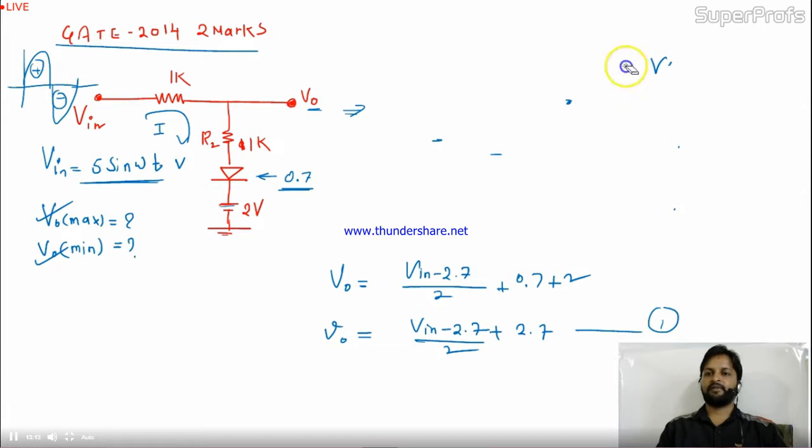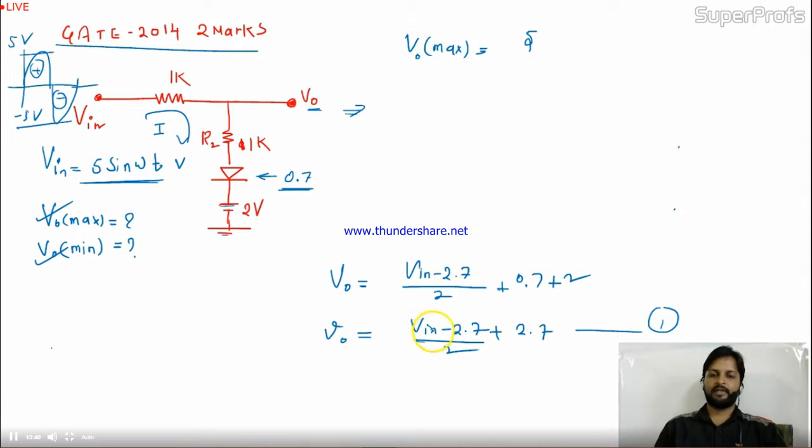Because you can see in the waveform, the maximum value is plus 5 and minimum value is minus 5. So for the max value, can I consider the maximum value of V in, that is 5?